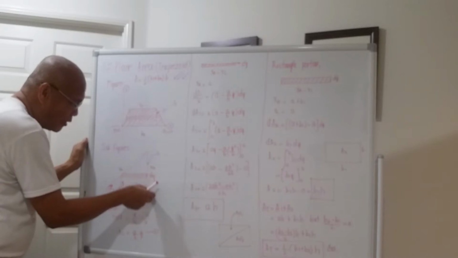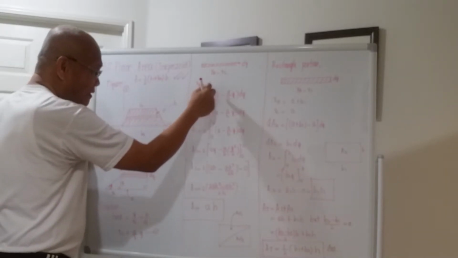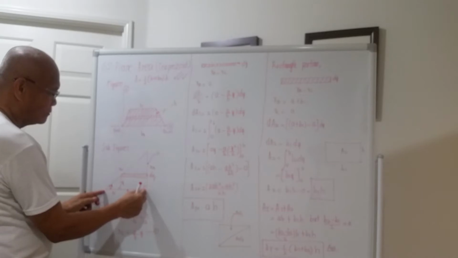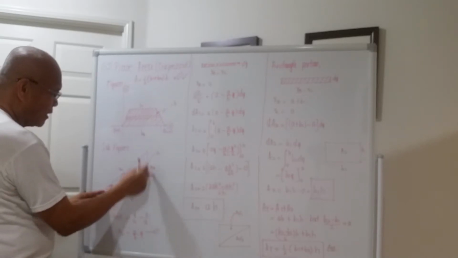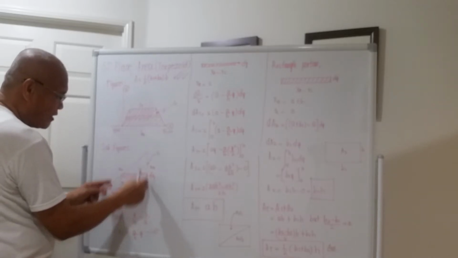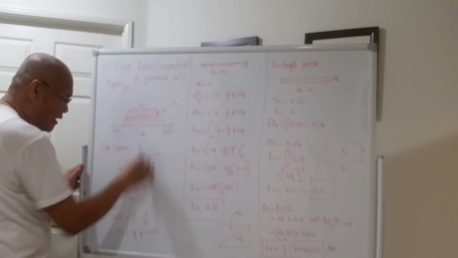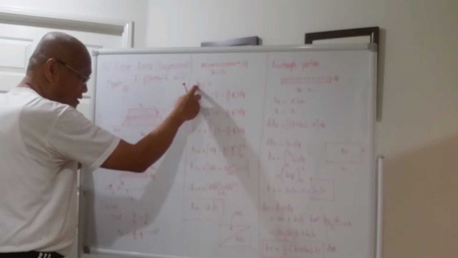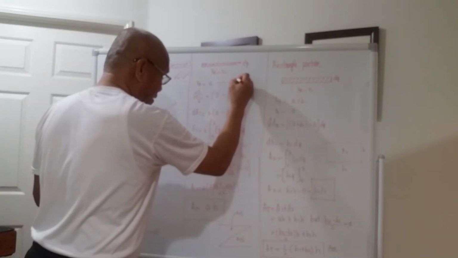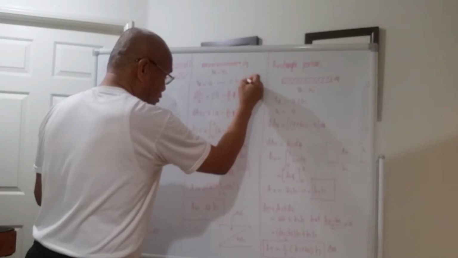The equation is xr equal to a, equal to this dimension. It is a straight line, and it is constant.